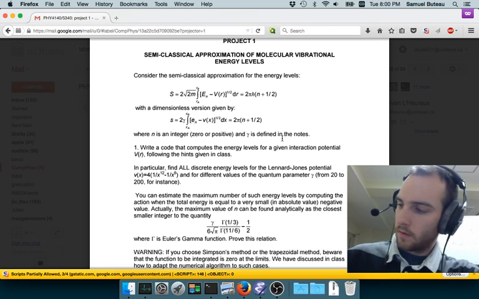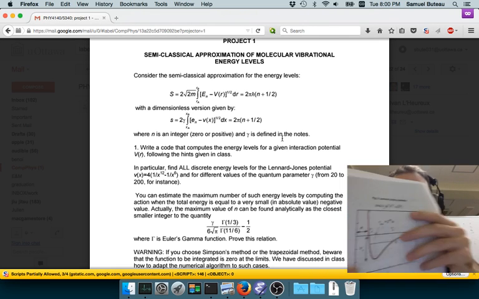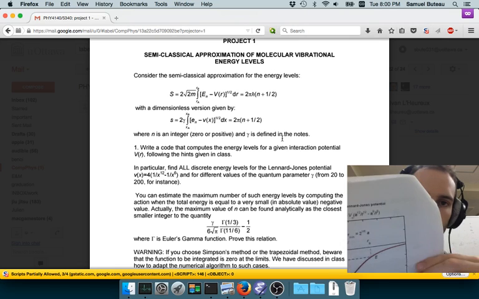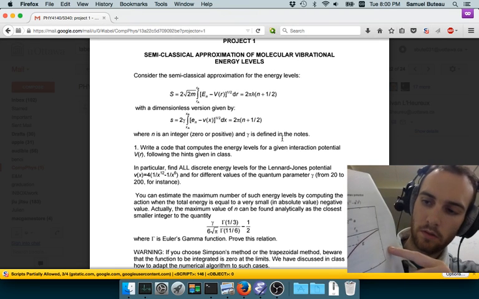So basically, as in this picture, if you have a certain amount of kinetic energy, you will be able to oscillate.